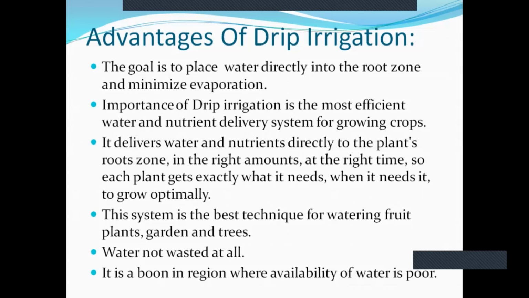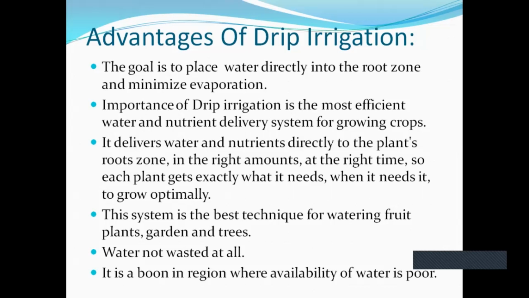The importance of drip irrigation is the most efficient use of water, and nutrients are delivered to the crop properly. With the water, many a time the farmer mixes different kinds of nutrients or hormones which are required for the growth of the crop. So with the water supplied to the plant, nutrients are also given, and then the crops grow healthier.